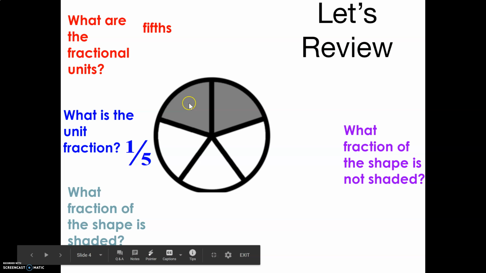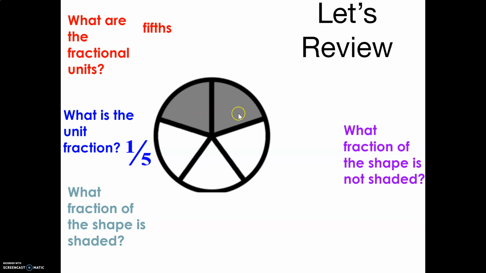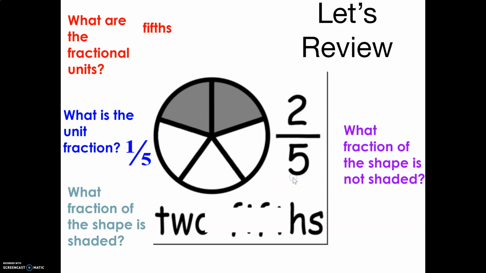So we have some pieces that are shaded. What would the fraction be to represent the shaded parts of this shape? That is correct, 2/5. 2 out of 1, 2, 3, 4, 5 pieces are shaded.